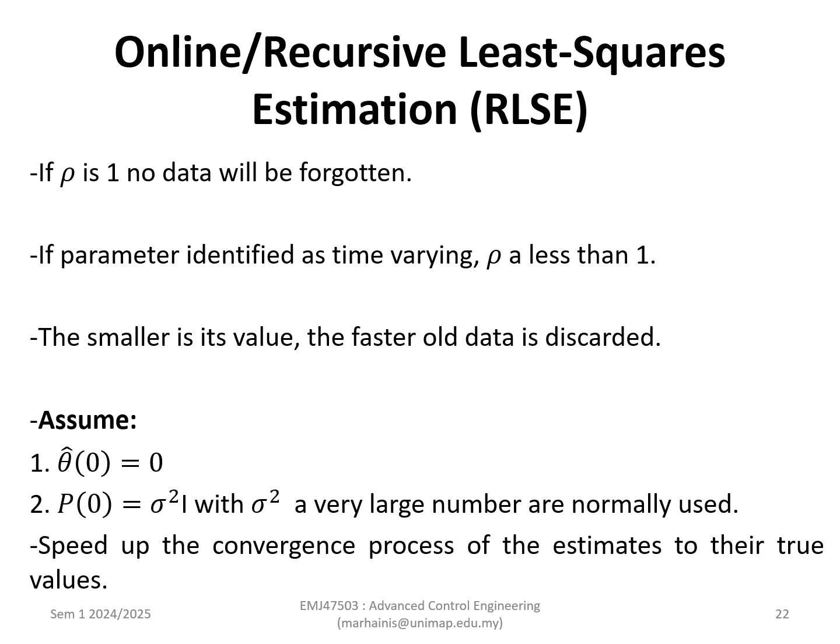P naught equals 100 times the identity matrix. This will speed up the convergence process of the estimates to their true values. That is the reason why P naught is a very large number.